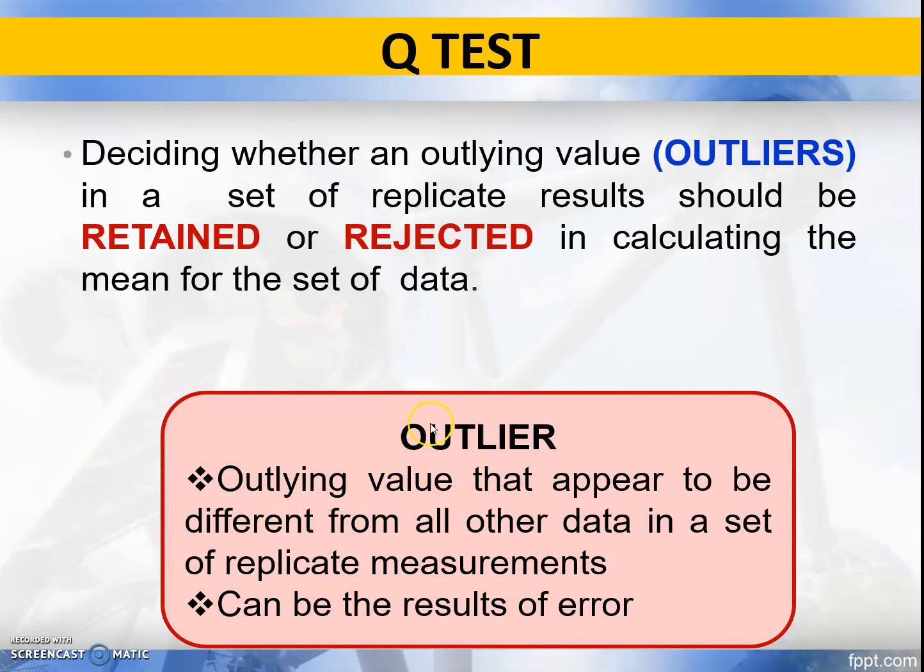We suspect it as a source or result of error. In other words, we call it a suspected value.